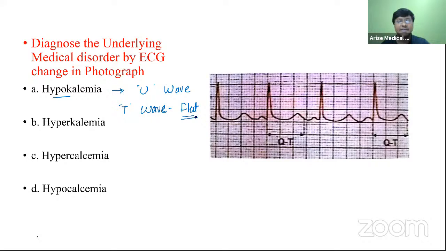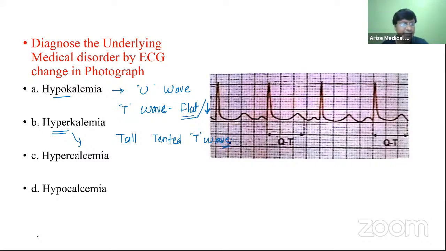That is what you see in hypokalemia: the T wave becomes flat or inverted. Then in hyperkalemia, you will have a tall tented T wave.